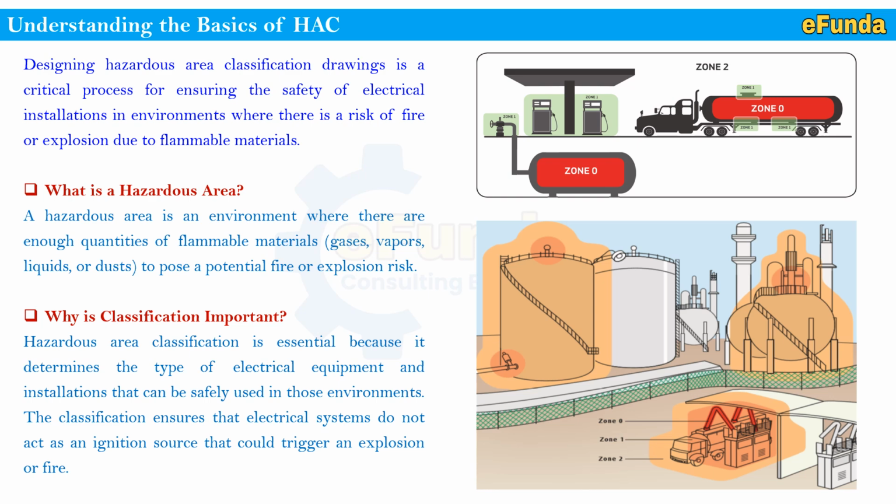The classification ensures that electrical systems do not act as an ignition source that could trigger an explosion or a fire. Incorrect equipment selection or installation can lead to catastrophic failures, which can lead to fire or explosion at the facility.